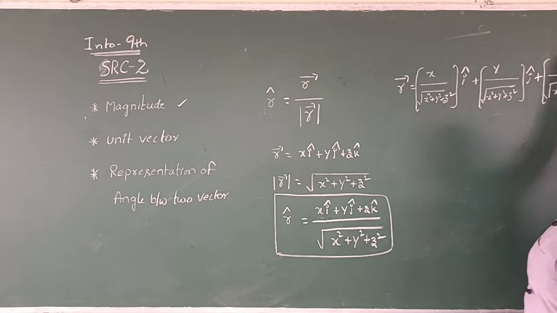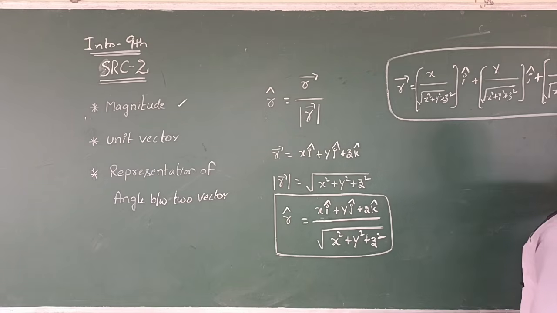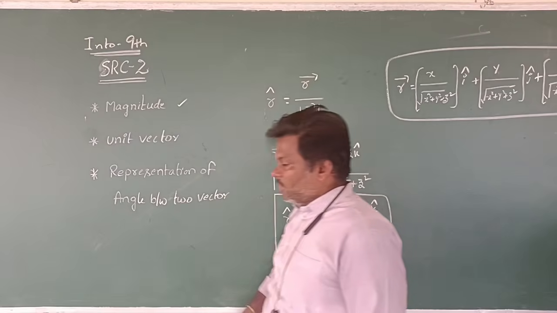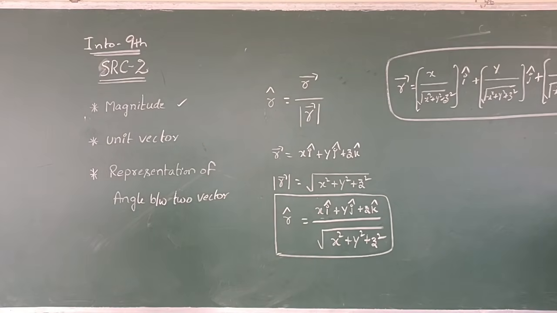So this is the form of the unit vector for a given r bar. This is how we can convert the given vector into a unit vector.